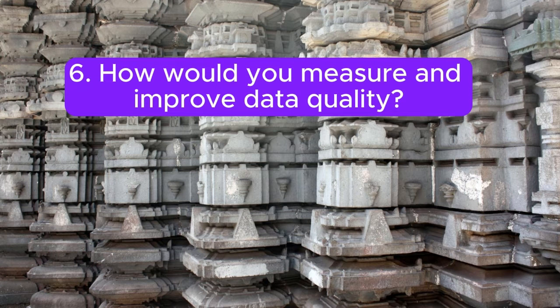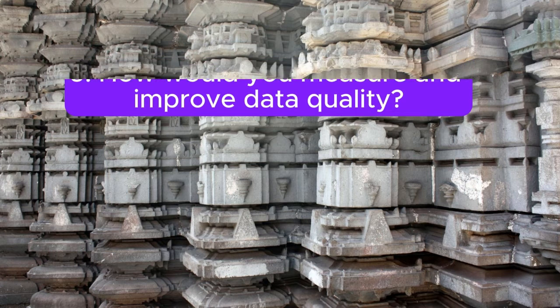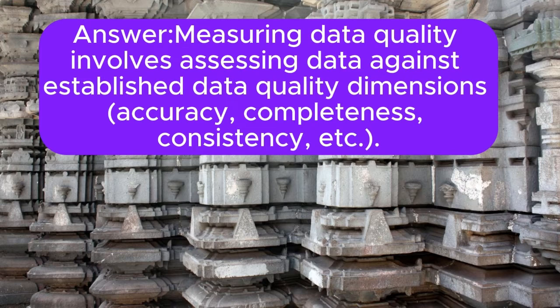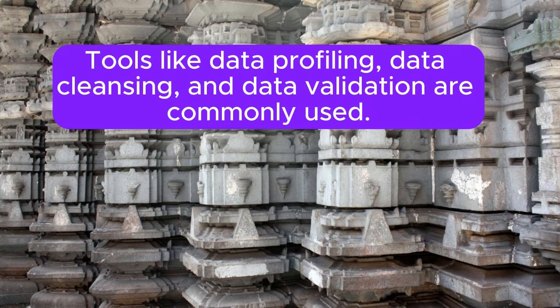6. How would you measure and improve data quality? Answer: Measuring data quality involves assessing data against established data quality dimensions: accuracy, completeness, consistency, etc. Tools like data profiling, data cleansing, and data validation are commonly used.